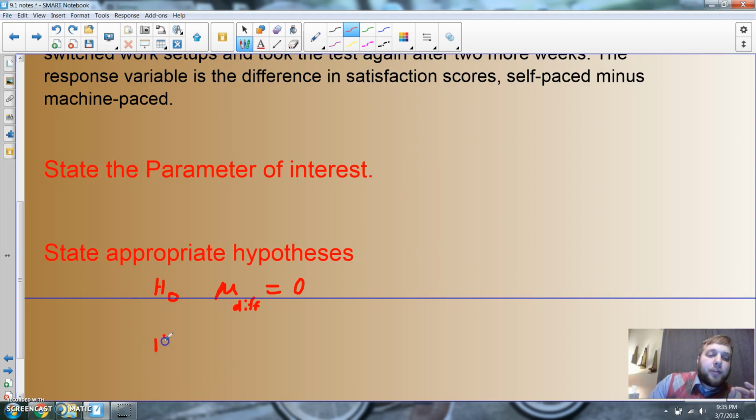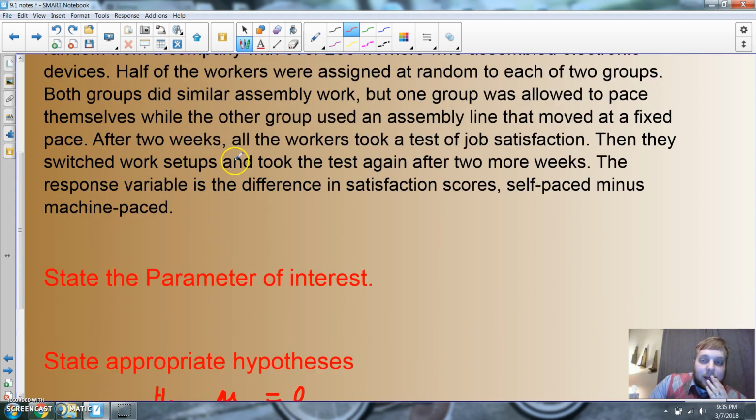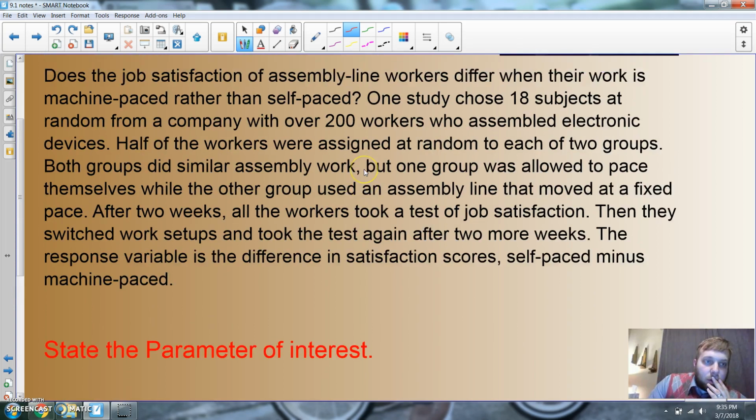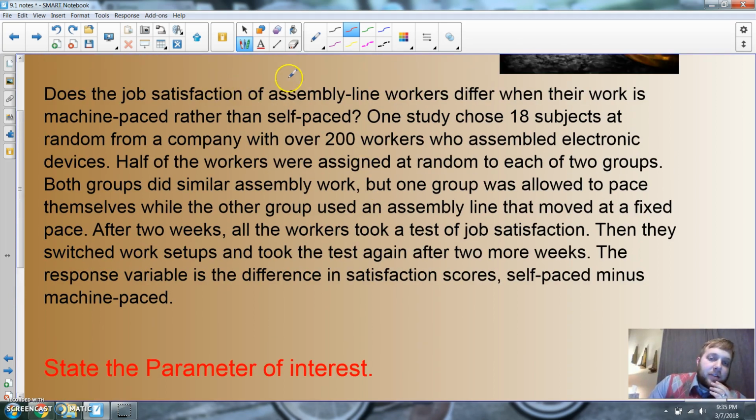My alternate, what am I actually trying to see here? What does the question actually want me to test? I'm saying that the mean diff is what? Greater than, less than, what do they want here? It says, does job satisfaction of assembly line workers differ when their work is machine-paced rather than self-paced?